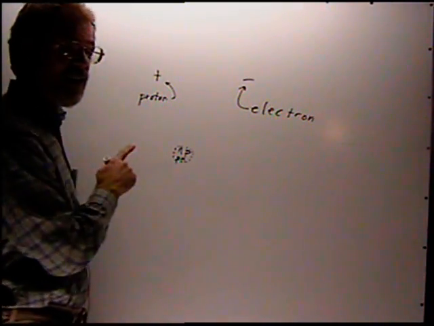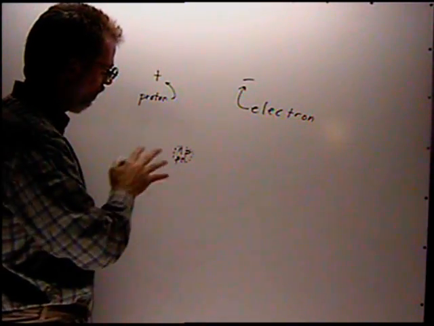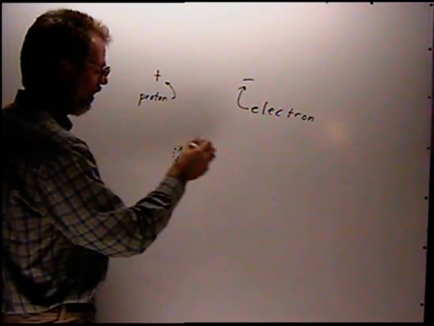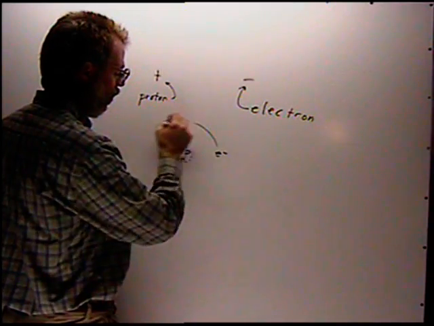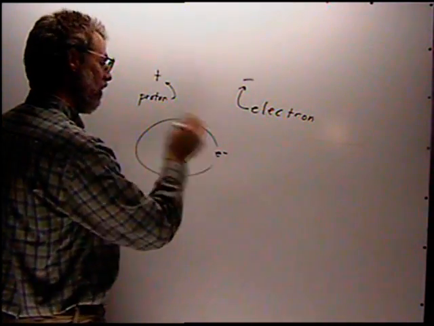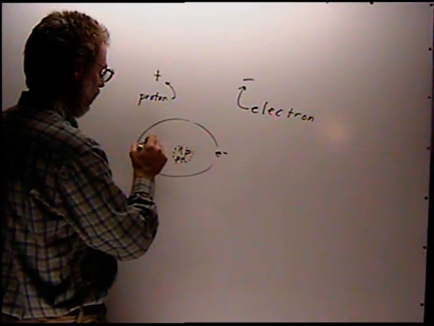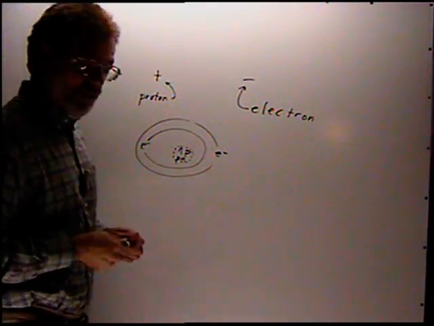That would be like the helium atom, with 2 protons and 4 what we call nucleons, 4 particles. And then we have electrons orbiting. In fact, for helium, we have 2 electrons that orbit.